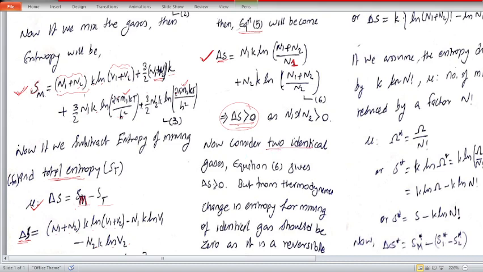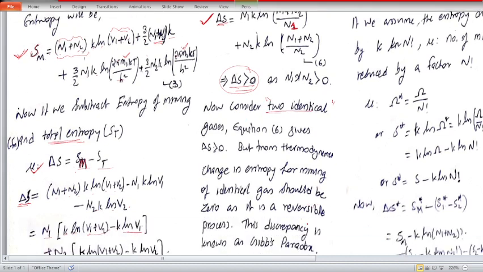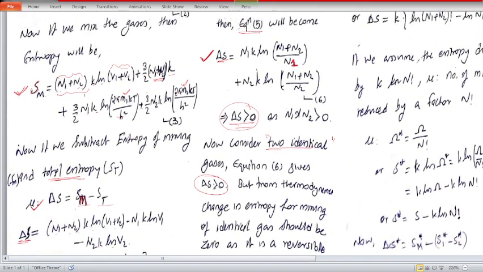Now, if you consider two identical gases, identical means they have the same properties, then equation 6 gives delta S greater than 0. Even if it is identical gases, the number of particles on one side is N1, the other side is N2. So N1 and N2 will be positive, there is no change in that, so delta S will be positive.